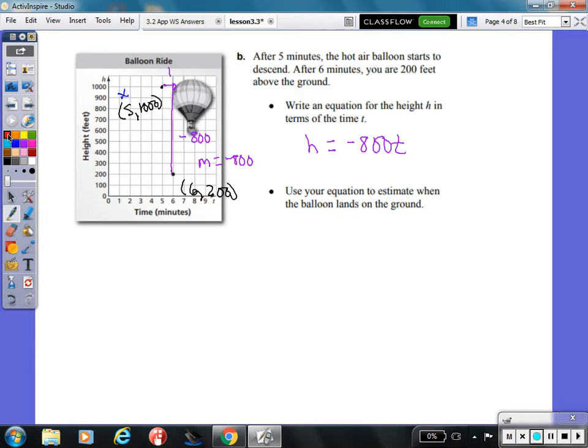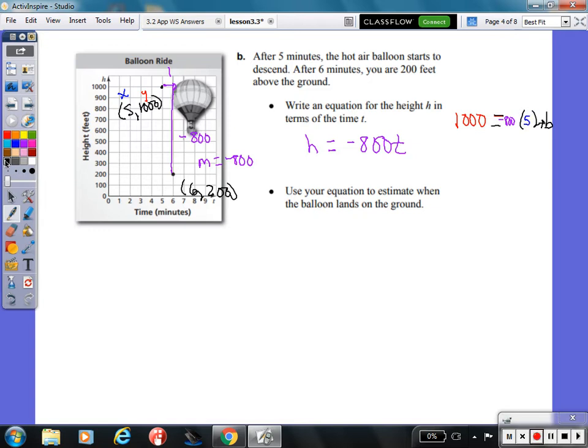So my 5 will be my x, my 1,000 will be my y. So my 1,000 equals, and I'm going to have to solve for my b because we don't know that, negative 800 for my m, and again the x that I chose from that ordered pair is 5.